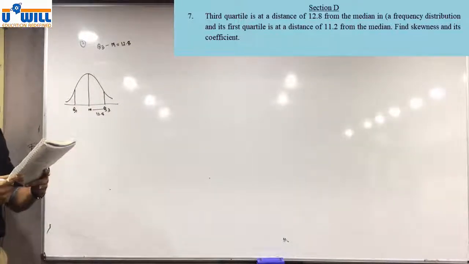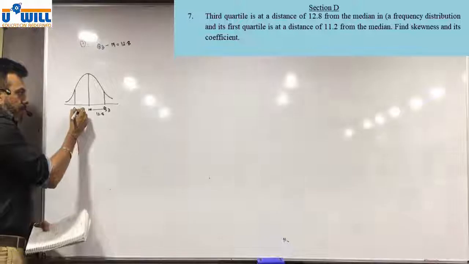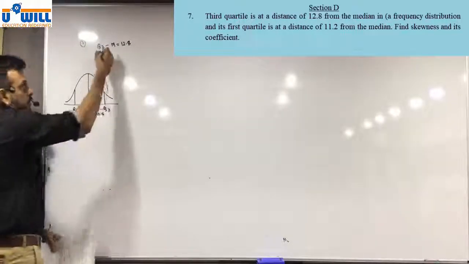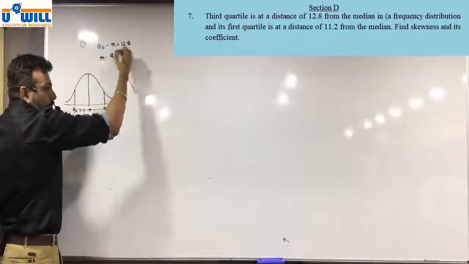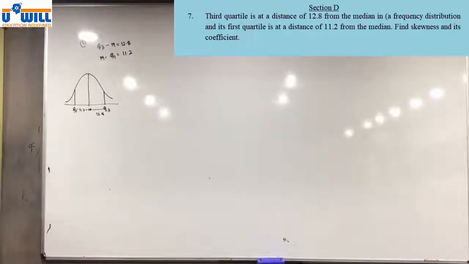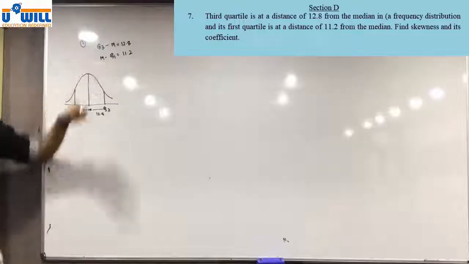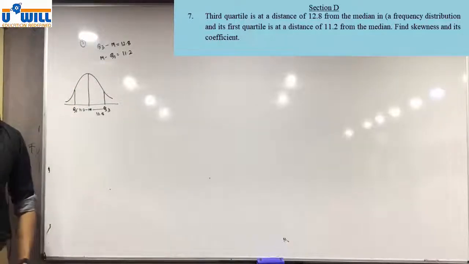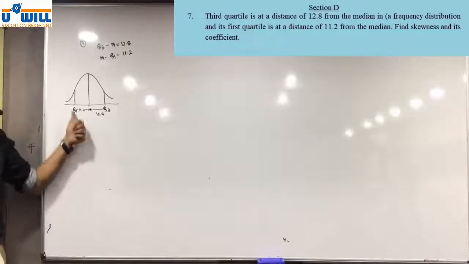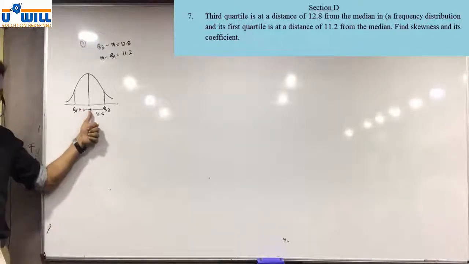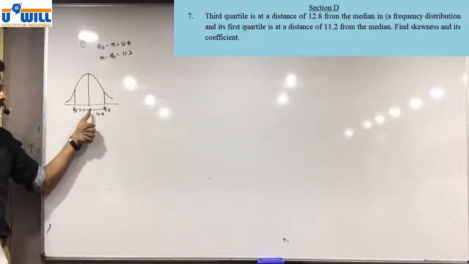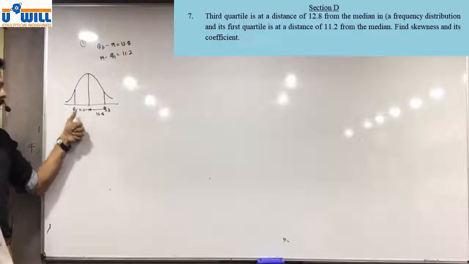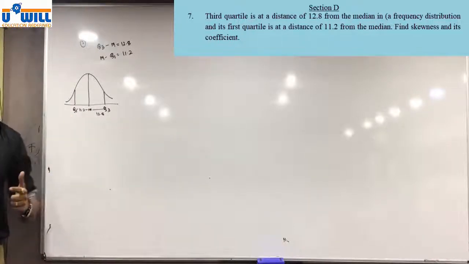Then the first quartile is at a distance of 11.2, so M minus Q1 is equal to 11.2. Can I write Q1 minus M? No, because then it will become negative. The median is greater than Q1 and Q3 is greater than the median, so it's always Q3 minus M and M minus Q1. All of you understood this?